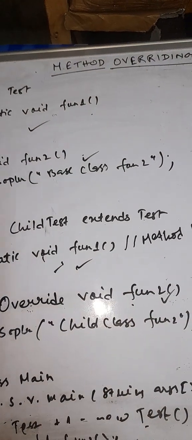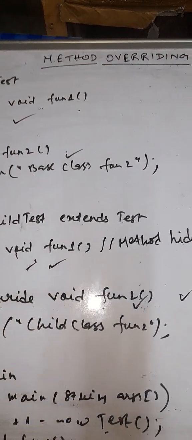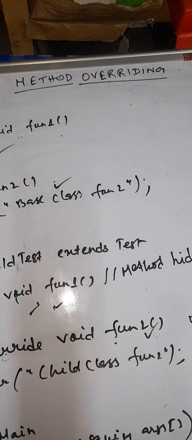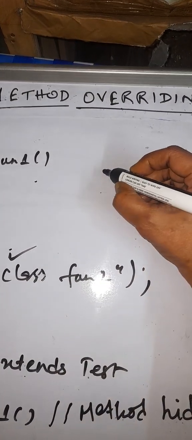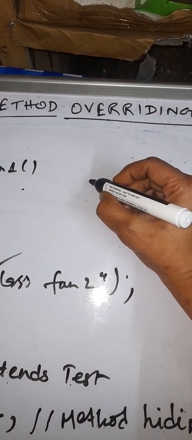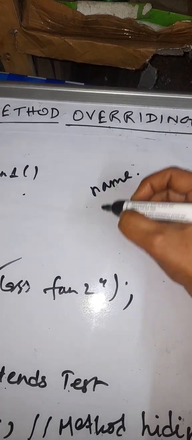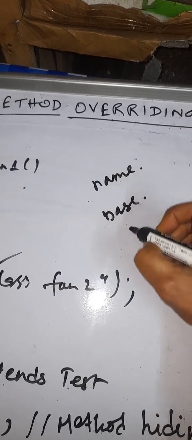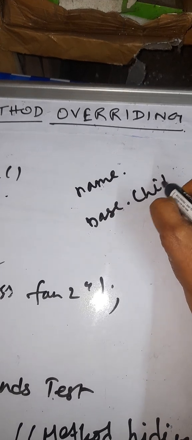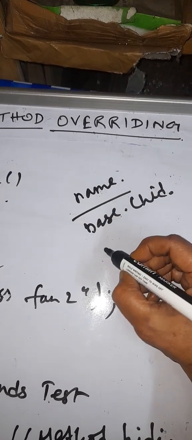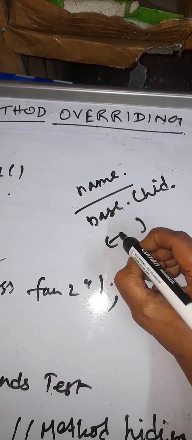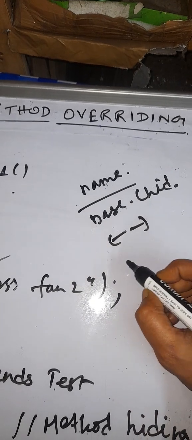I hope I covered all parts of method overriding: how to override a method, and what the restrictions are in method overriding. The name of the method in the base class and the child class should be the same, and the number of parameters you pass should also be the same.